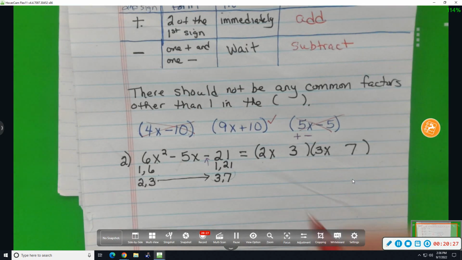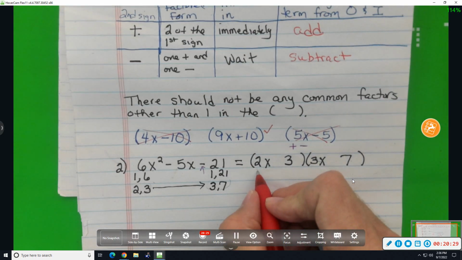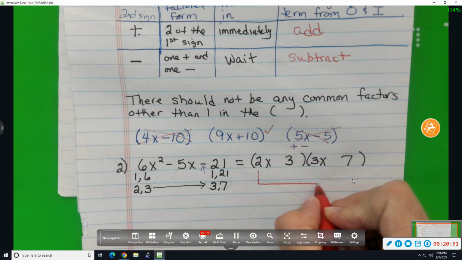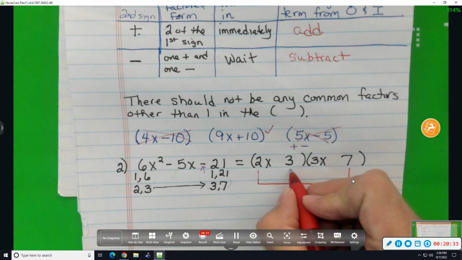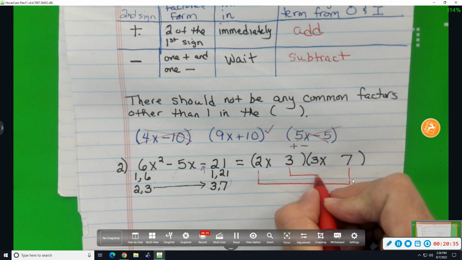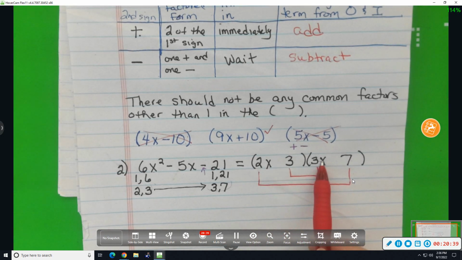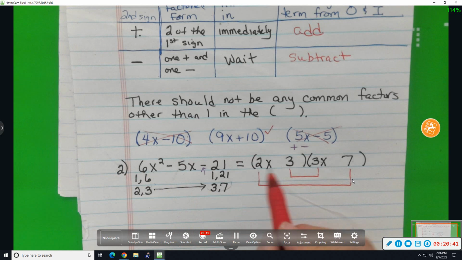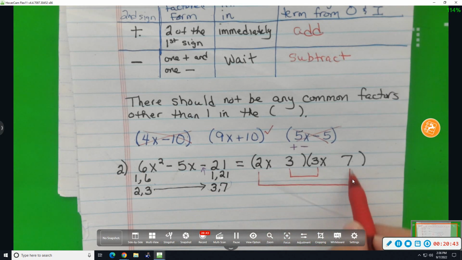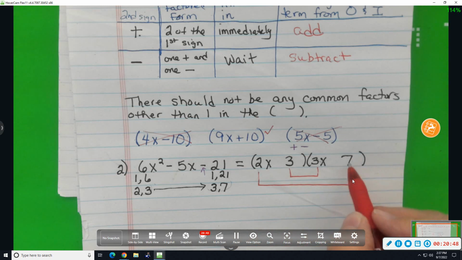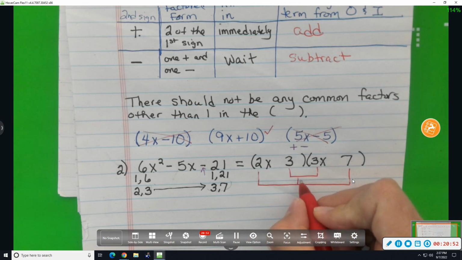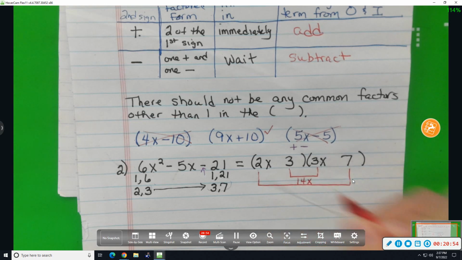I'm going to make these strange looking little rectangle marks for outer and inner. Imagine foiling. 2x times 3x, that's giving the 6x squared. This big rectangle mark right here, that's the outer. 2x and 7, that would be 14x.